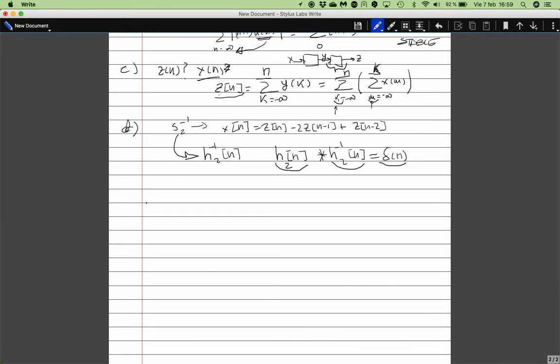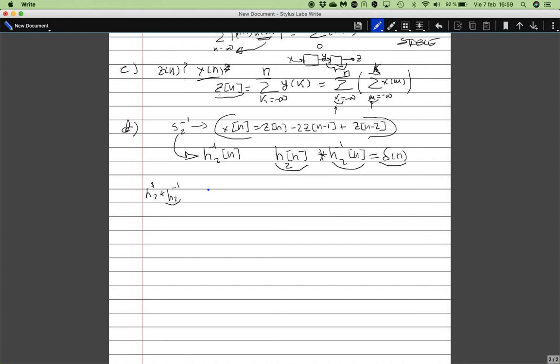Okay, so let's go. H2 convolved with H2 minus 1. What is that? Okay, I need H2 minus 1, and I don't have H2 minus 1. What I have is an input-output relationship for H2 minus 1. I need the impulse response of H2 minus 1. Very easy.